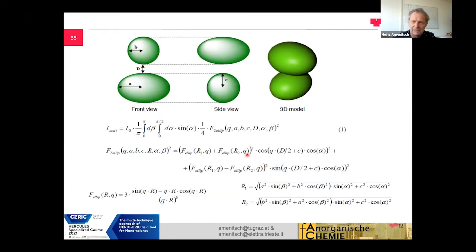But I want to show you something important: fortunately, nowadays you don't need to really develop models, because models are programmed in many software packages. What they will do is you just assume a shape of your particles, and then you do this spherical average inside the software.